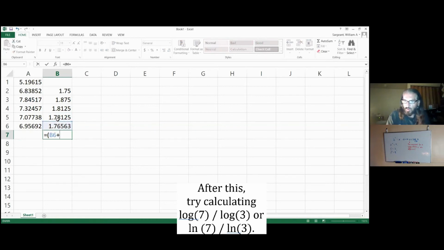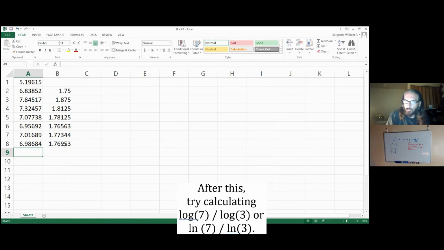I'm trying to squeeze this in. And it's a little too high. So I'll go halfway in between these two, the one that was too low and the one that was too high. Raise 3 to that power.